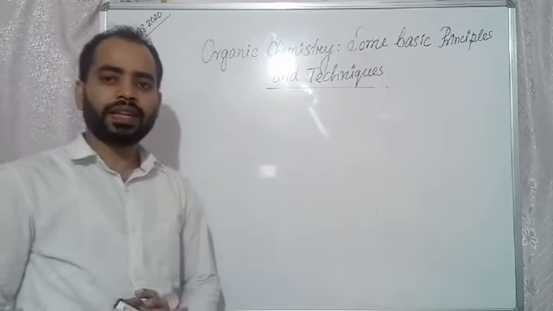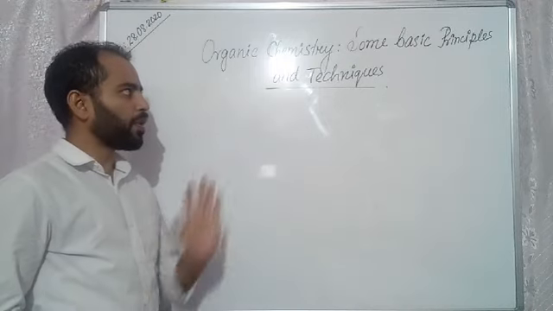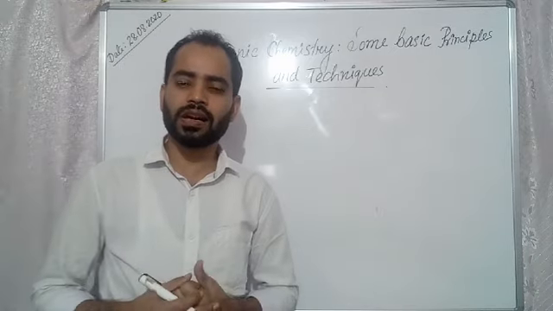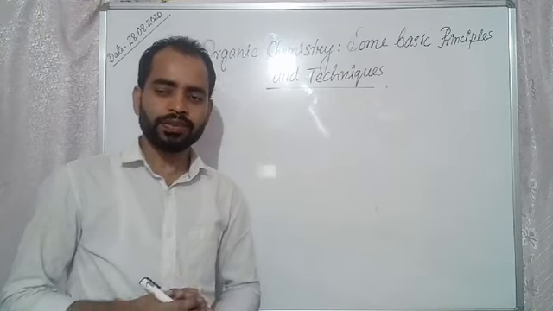This is the heading of the chapter. That means you will learn about organic chemistry, what are the basic principles, and the techniques that come under your organic chemistry. Is it clear?